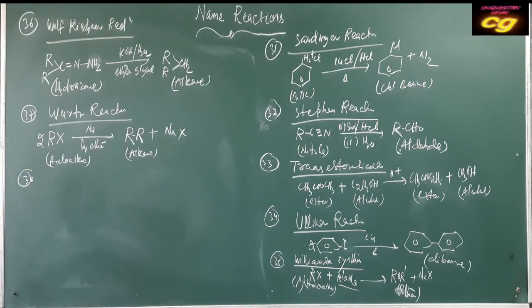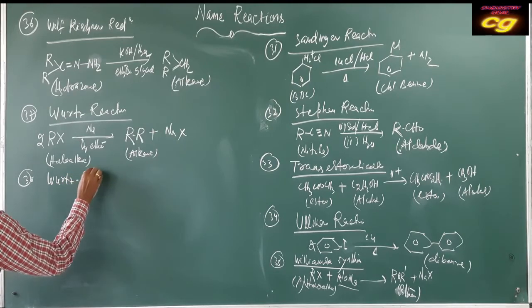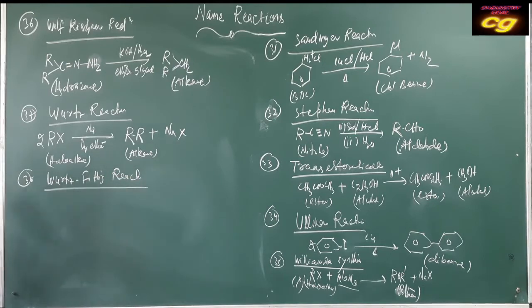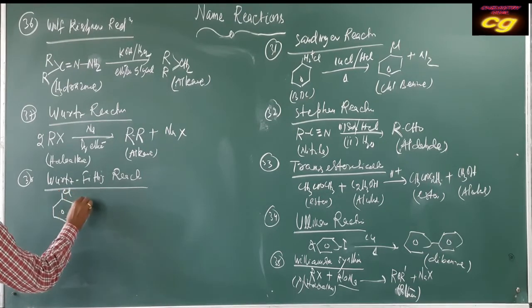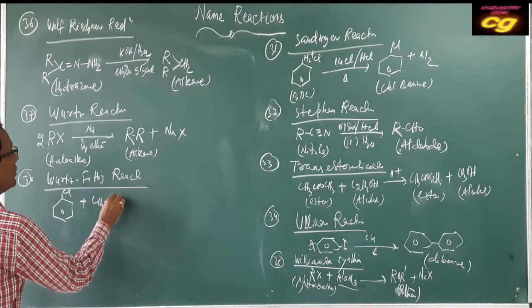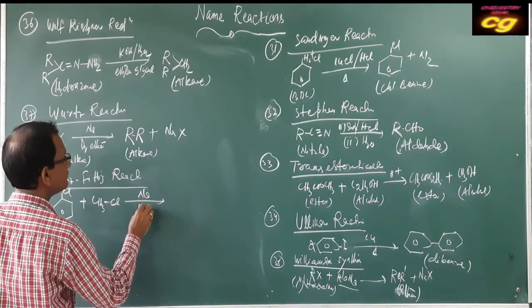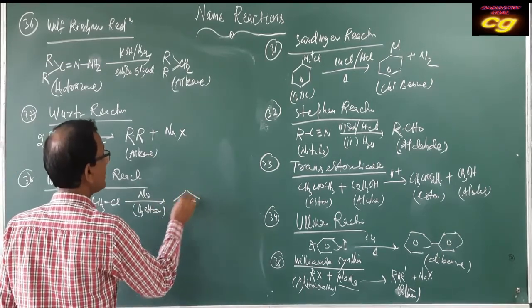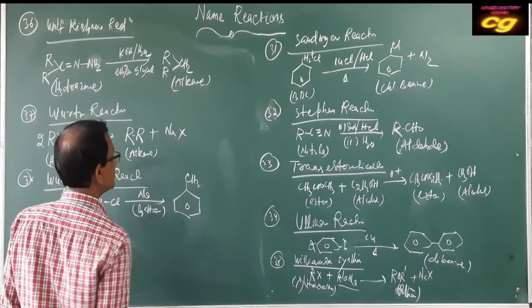The next one is Wurtz-Fittig reaction. In Wurtz-Fittig reaction, both haloarene and haloalkane are treated with sodium metal and dry ether and convert to an aromatic higher alkane, that is toluene.